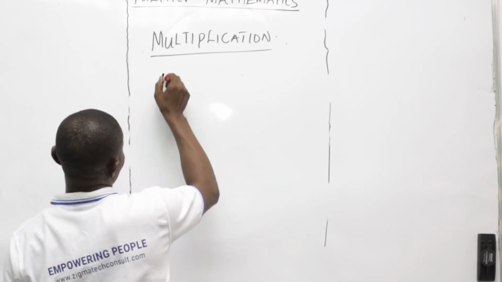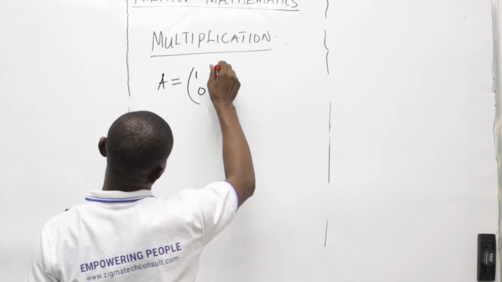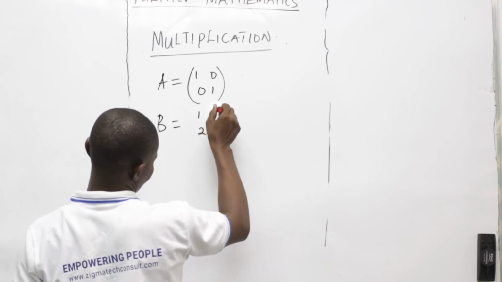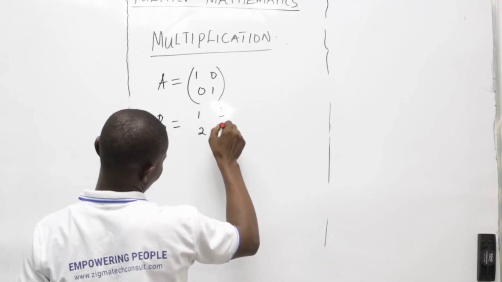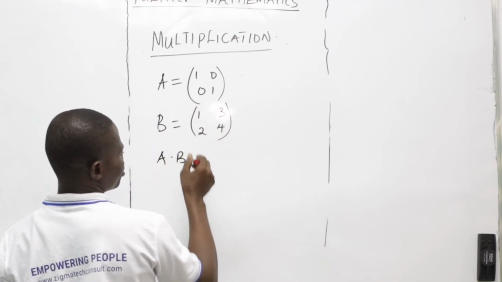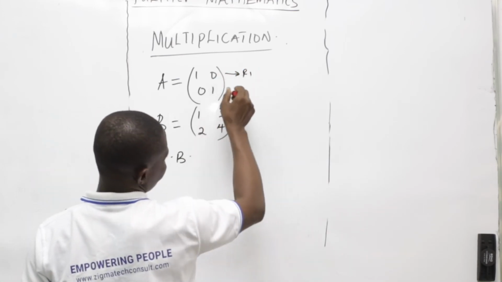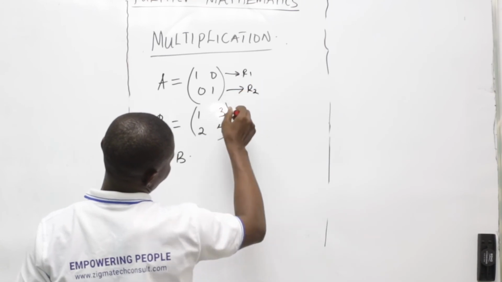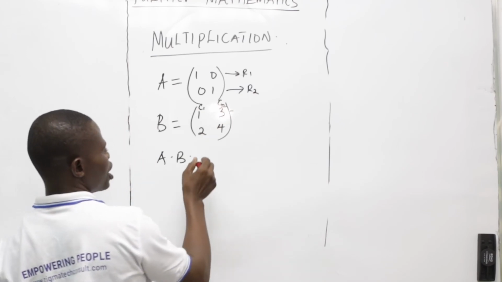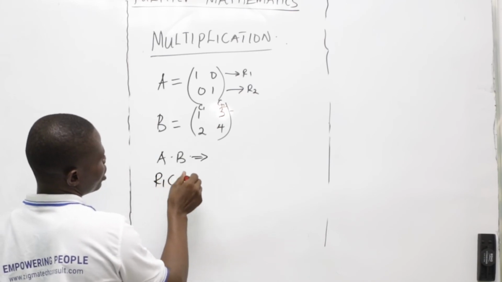If given A equals 1, 0, 0, 1, B equals 1, 2, 3, 4, find A dot B. A dot B, you must label row 1, row 2 of the first matrix, column 1, column 2. That is AB implies that row 1, column 1 equals what?